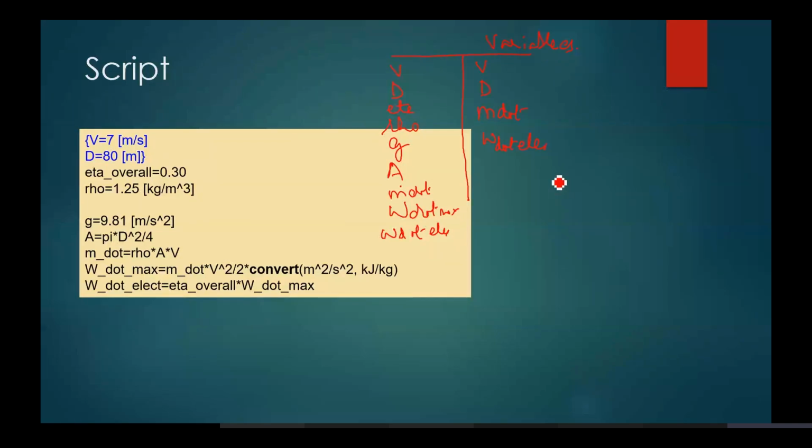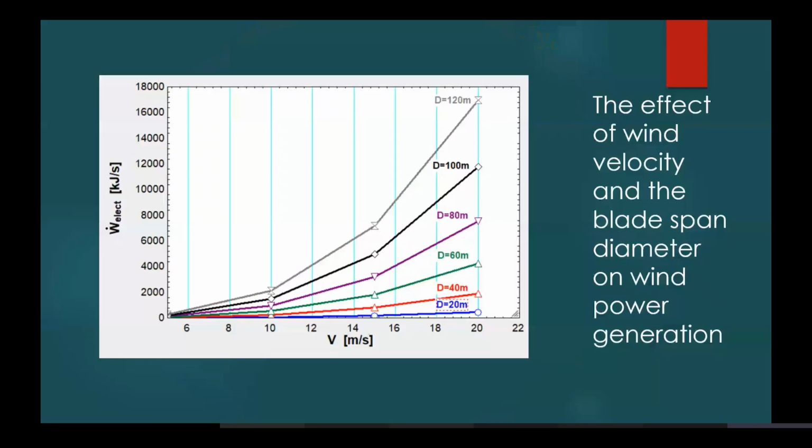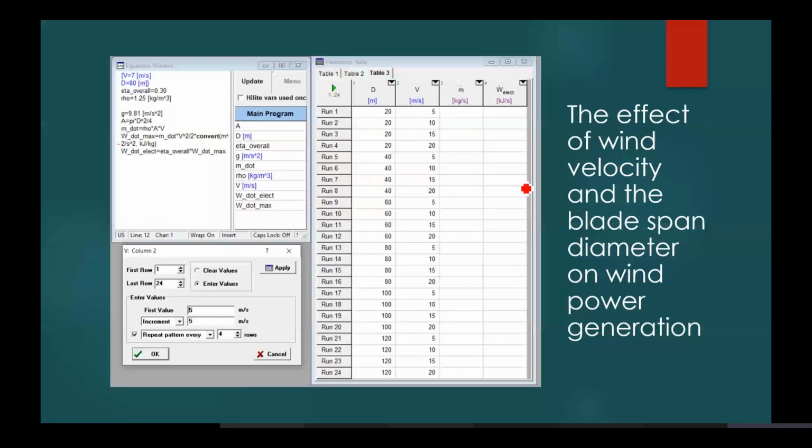Once I do that, I'll have a table in front of me. This is the table that I'll get. I'll select D to plug in various values of diameter, and then I'll select V and plug in the values of velocity in column 2, from 1 to 24. I have started the value at 5 and used an increment, so it gives me an increment of 5.